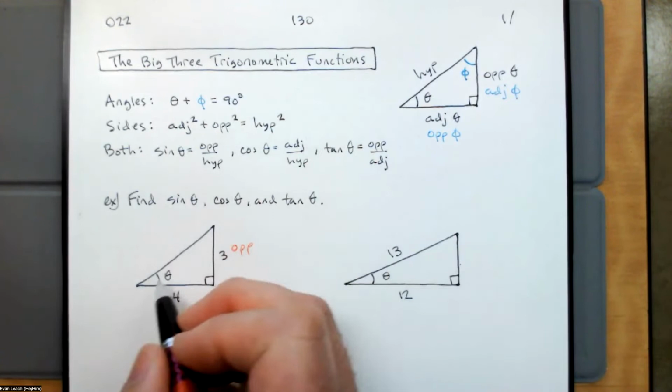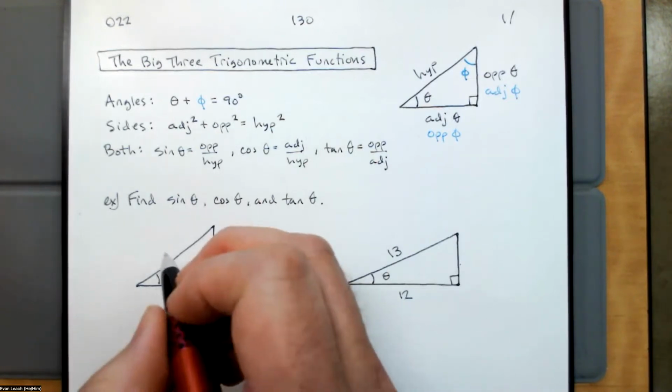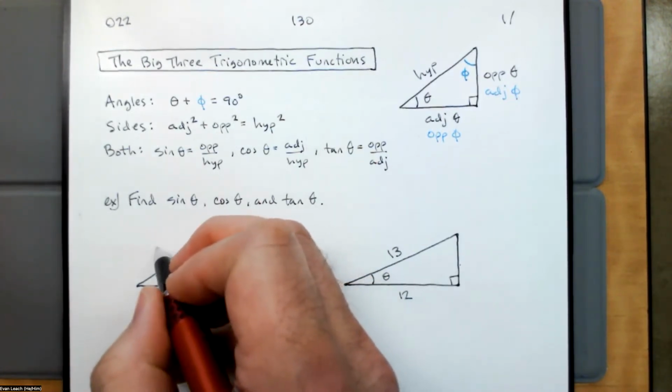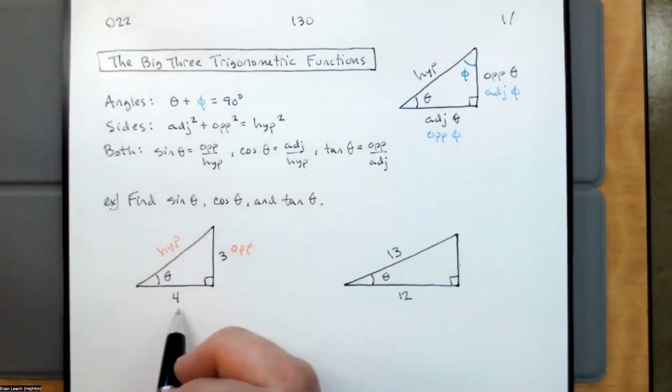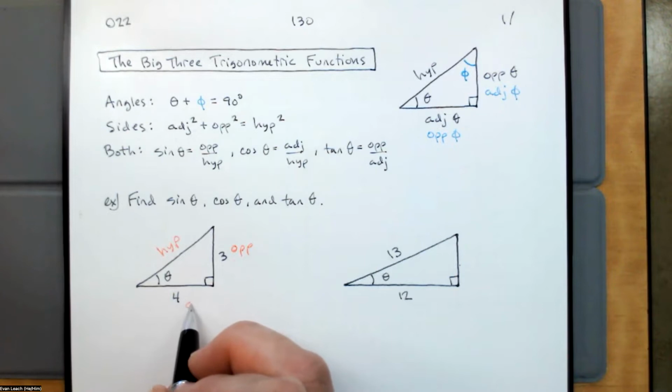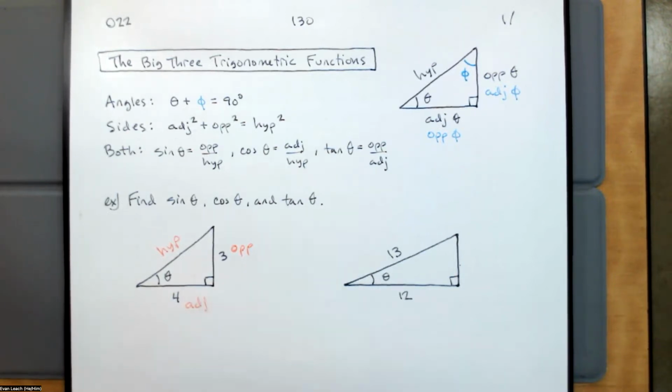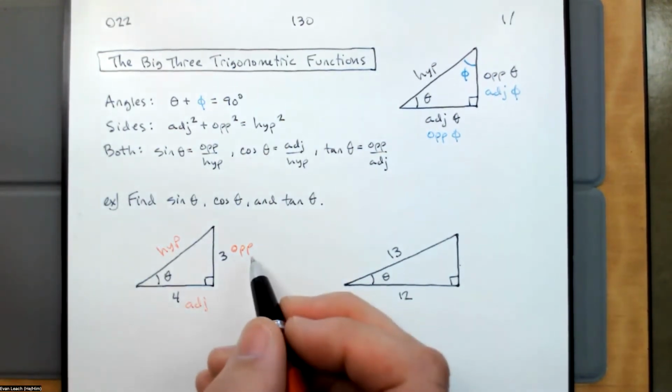This side is opposite the right angle, so it is the hypotenuse. And what does that leave 4 to be? Adjacent. So without any calculation, I have opposite and I have adjacent. Which trig ratio can we write down right now? Tangent. Tangent is opposite over adjacent.